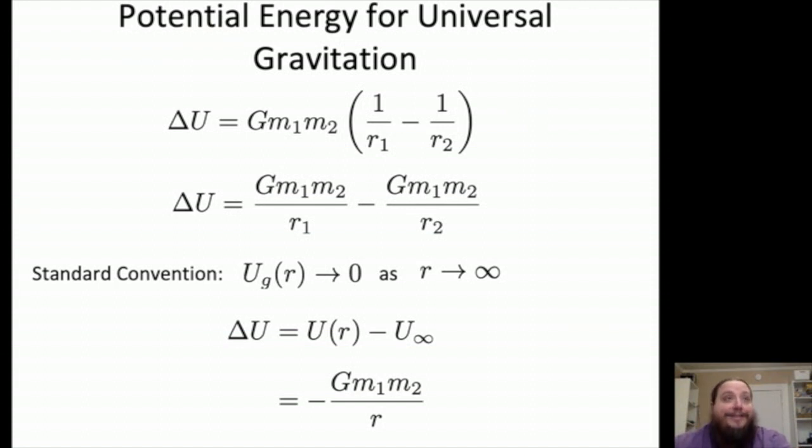And so if we define the 0 point of energy as infinitely far away from the Earth, then we can write down a unique version of the potential energy, which is just minus G times the two masses divided by the distance between those masses. Notice that the potential energy for Newton's gravitation law is always negative with this particular definition.